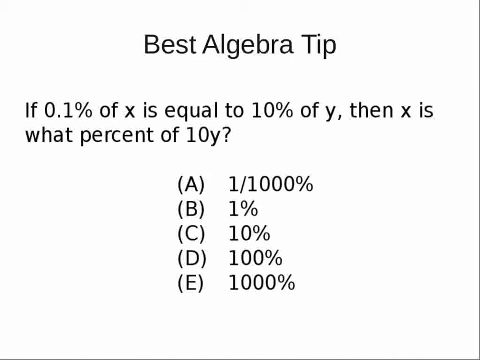So once again, 1,000 is what percent of 100. Now, isn't that a much nicer question to answer than dealing with all this algebra gobbledygook? So 1,000 is 10 times 100, which is 1,000%. So the answer would be E. You see how that works?